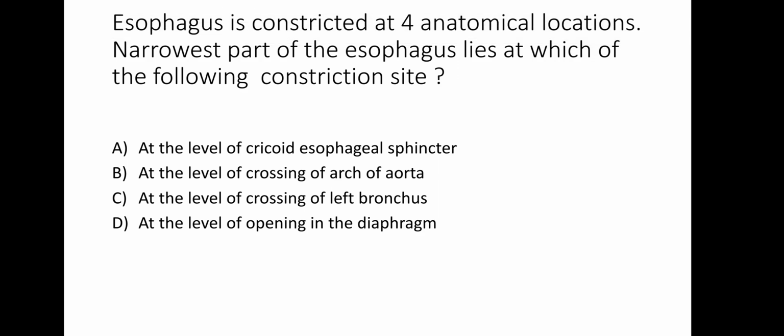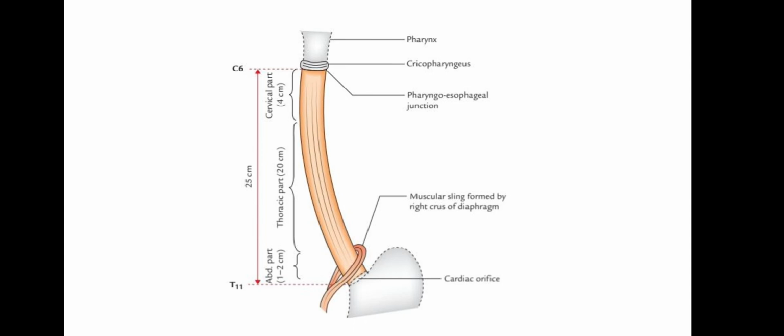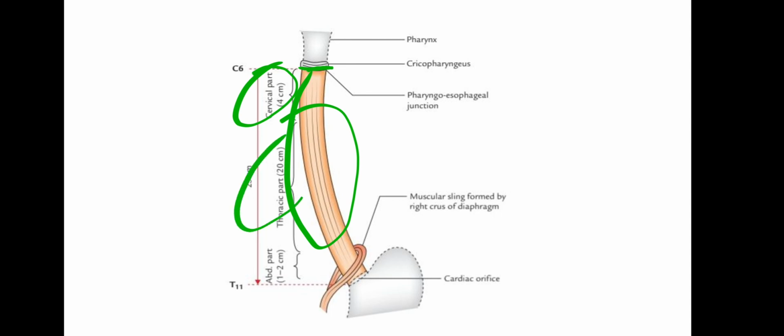We'll see a little bit about the esophagus. As we all know, esophagus is a muscular tube which starts in the cervical part at the lower border of the cricoid cartilage. So it has a cervical part, a thoracic part. It travels through the superior and posterior mediastinum, and it pierces the diaphragm and opens in the cardiac end of the stomach.